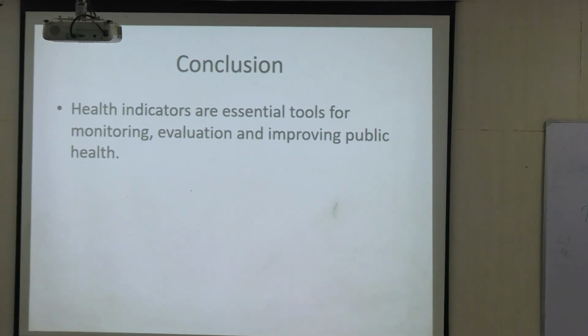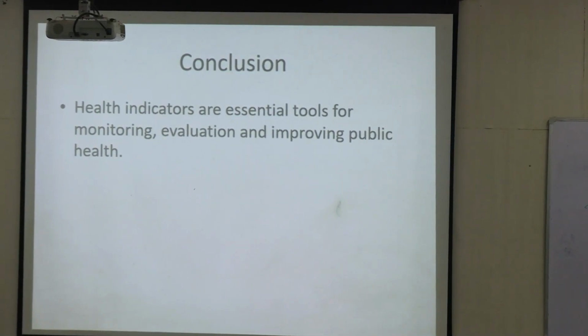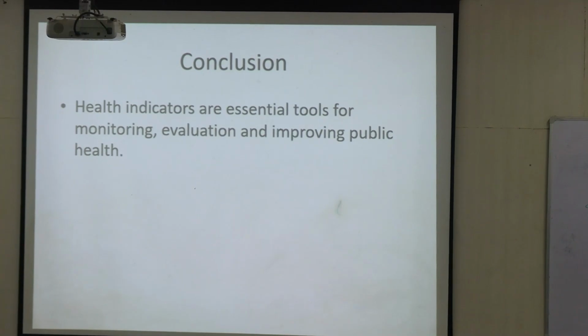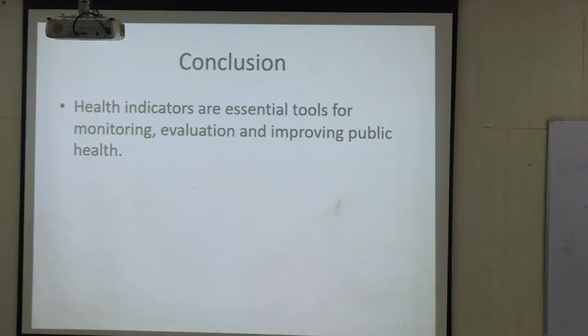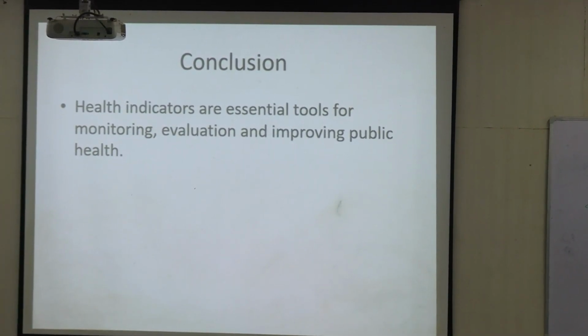Socioeconomic indicators: the first one is literacy rate, second one is poverty level, and the third one is per capita income.